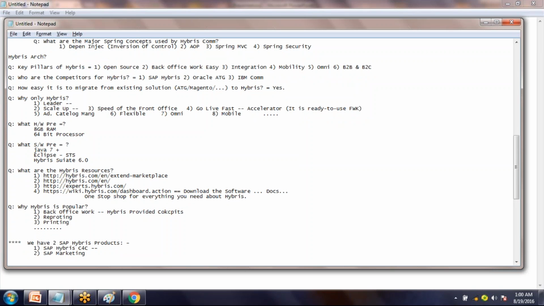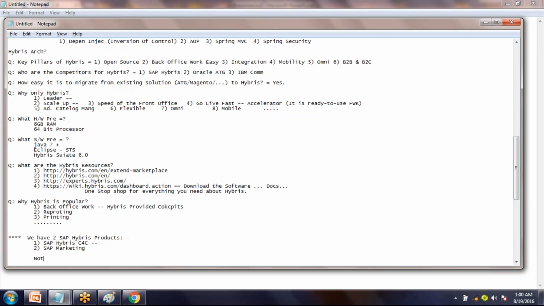And obviously we also have Hybris Commerce. We have seen Hybris Commerce already. Along with that, Hybris also has two more products, Hybris Cloud for Customer and Hybris Marketing.